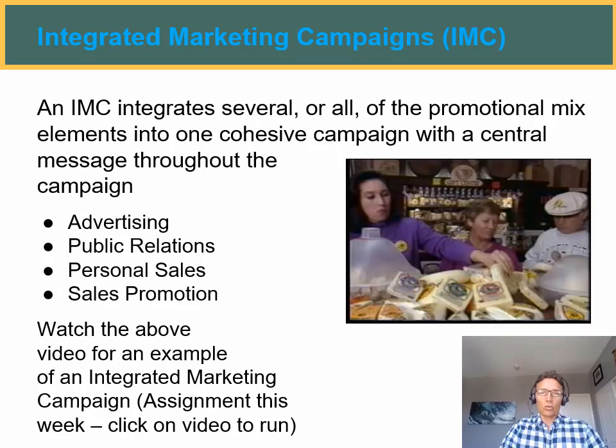Okay, so let's talk about advertising first. Advertising, whether that's traditional advertising, which can be print, outdoor, or broadcast, TV and radio, you have to have money to spend on advertising, right?